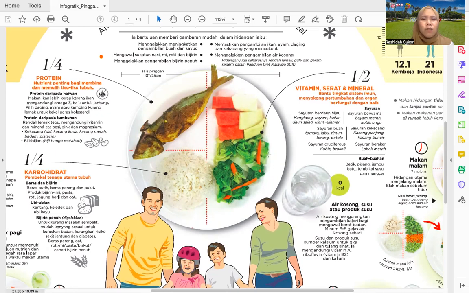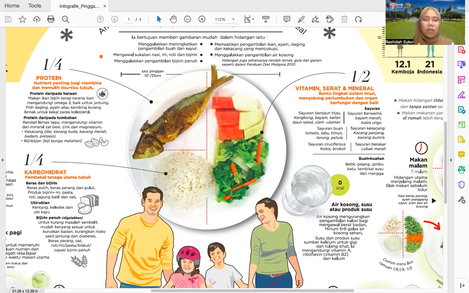Normally in Malaysia, half of the plate is carbo, is nasi, rice. Normally we say nasi separuh. After this, when you go to a mamak shop or to makcik cedok nasi, you tell her nasi suku, suku-suku separuh.